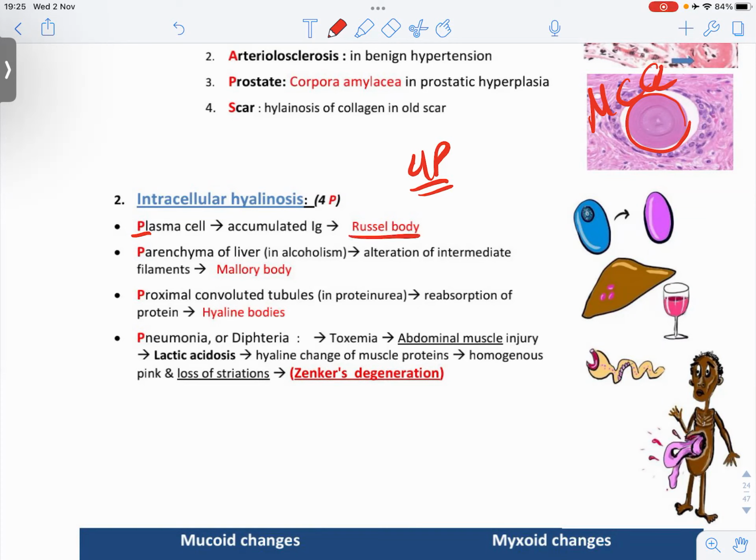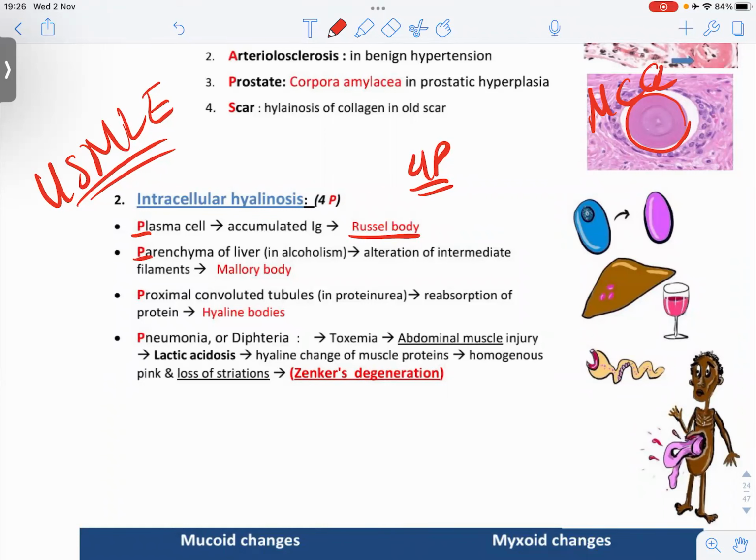It's called Russell body. Russell body is accumulation of immunoglobulin inside the plasma cells. It's a very important MCQ in USMLE. Russell body is accumulation of immunoglobulin inside the plasma cells when plasma cells fail to release these proteins.